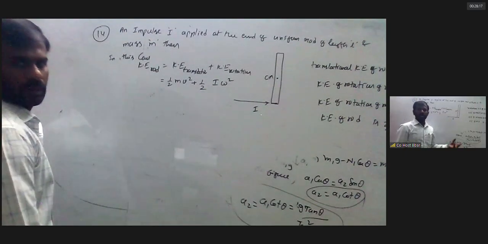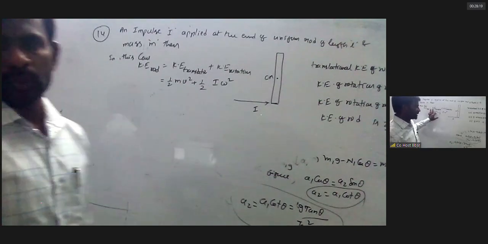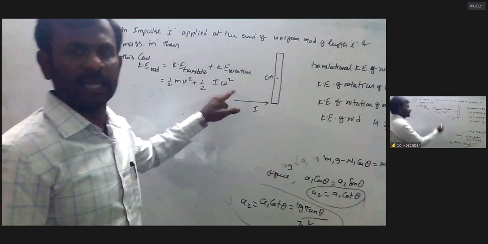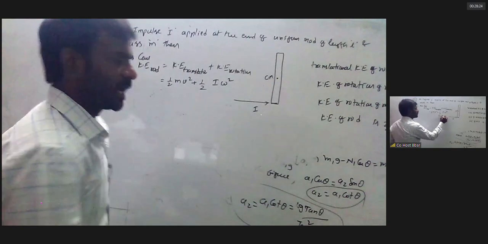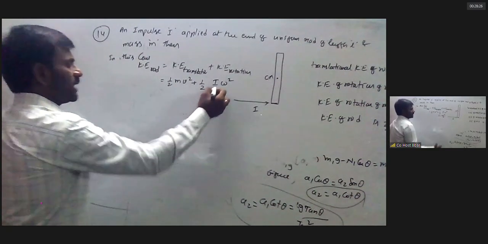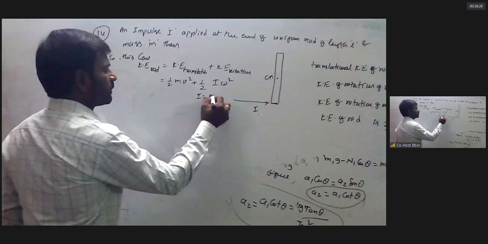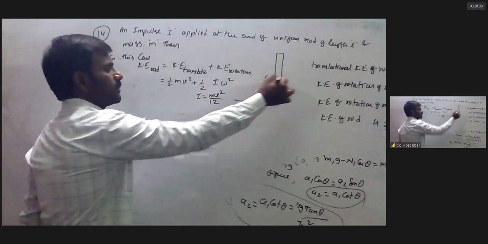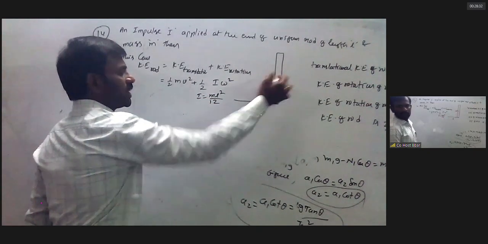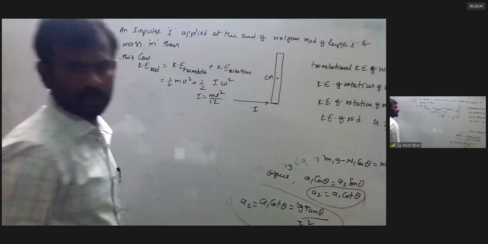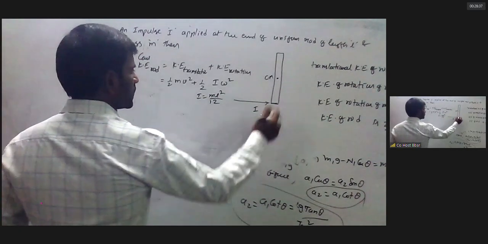So for this case, we need to calculate the velocity as well as omega. So what is the I value here? M l square by 3 or 12, because it is moving about the center only. Okay? Now apply the conditions one by one. See here.